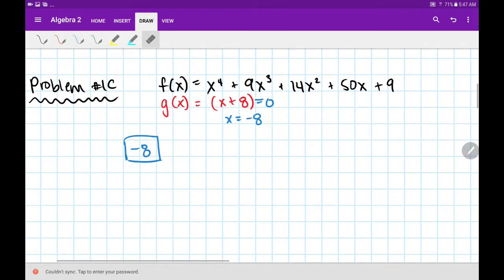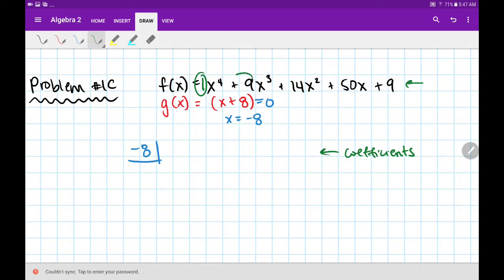In my class, we don't usually use a box. We use something that looks like this. Same thing, no big deal. Now over here, we need to set up the coefficients of the original equation. Our coefficients are 1, +9, +14, +50, and 9.